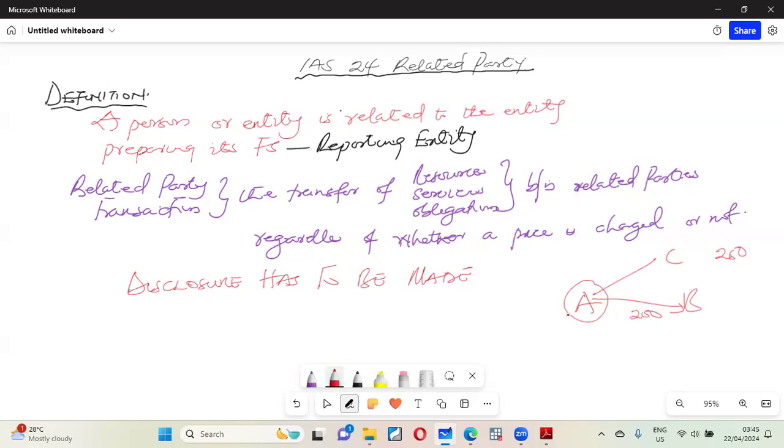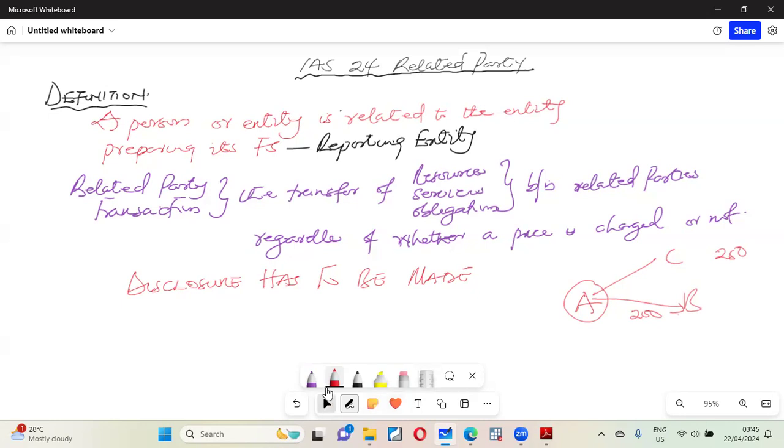Now, the next thing I'm going to do is to talk about some related party relationships. All right, because you have to be able to spot the related party relationship. When a question comes, you are able to say, this one is covered under IAS 24.